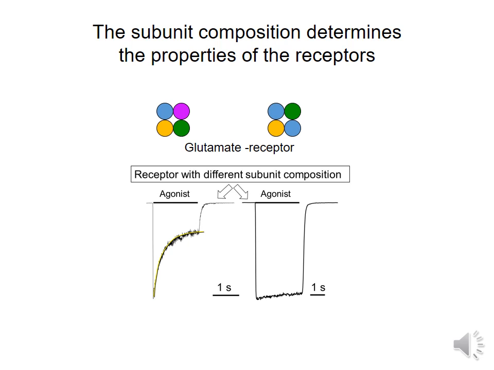And the response is completely different despite the fact that they both respond to glutamate and they are both glutamate receptors. In one case, the agonist produces a fast inactivation, while the other receptor causes a steady-state current. So these are 2 completely different responses mediated by just having different subunit compositions.